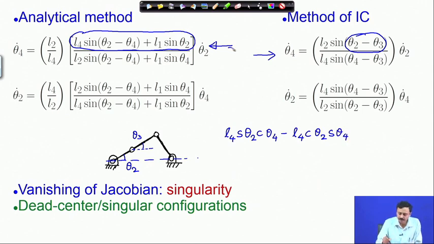from here, by equating the numerator to 0, I obtain this expression. I am opening up this sin of theta 2 minus theta 4, plus L 1 sin theta 2, and putting that to 0.